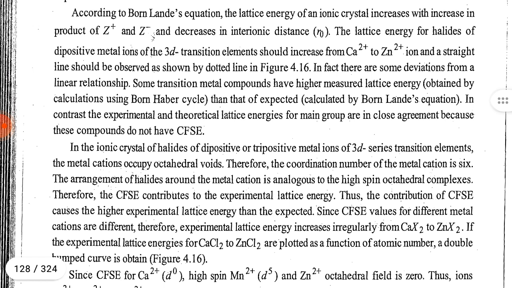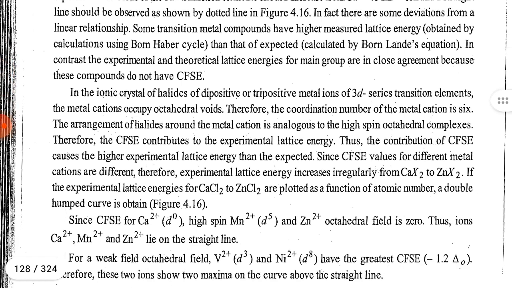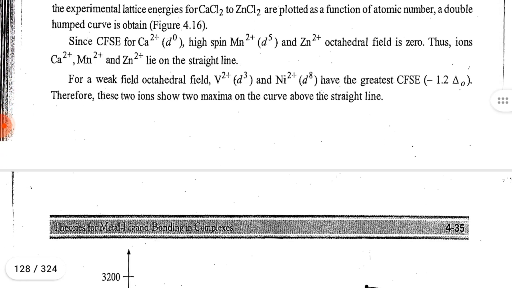Since CFSE values for different metal cations are different, the experimental lattice energy increases irregularly from calcium dihalide to zinc dihalide. If the experimental lattice energies for CaCl2 to ZnCl2 are plotted as a function of atomic number, a double-humped curve is obtained.